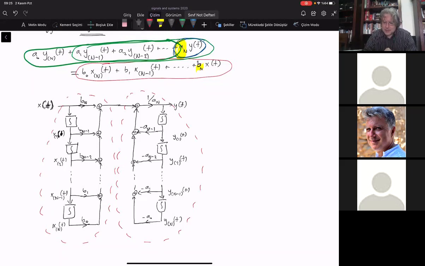And over there, we will see that from the center block, the input and output relation will look like this. So it's going to look like with a 1 over a sub n from here. And I will have an integrator in the center, and going to the left by minus a sub n minus 1.